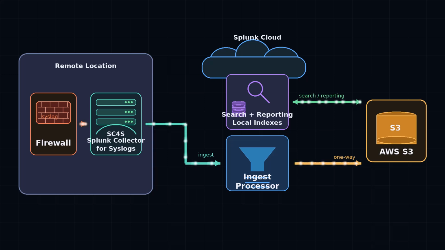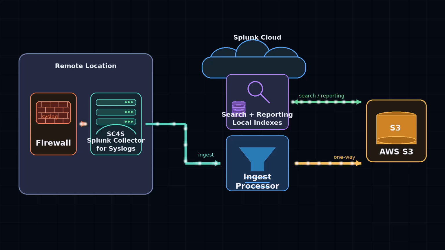Instead of indexing everything, we can intelligently send that data directly to Amazon S3. Now notice this path. It's completely unidirectional, from the firewall to the collector to ingest and into S3. This is important because it allows organizations to store full fidelity data at scale without the cost of indexing everything up front.